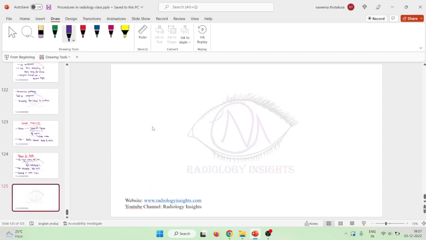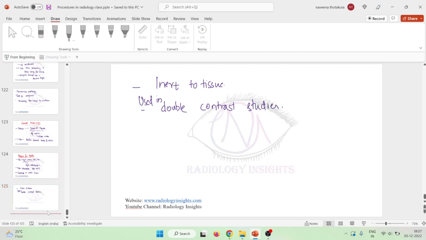It is inert to tissues. It does not enter the tissues; it just coats them. As a result, it is used in double contrast studies also. If you have to do a double contrast study, which you will be learning in the coming lectures, we can use this barium sulfate.